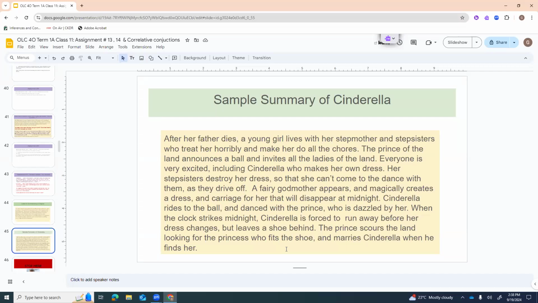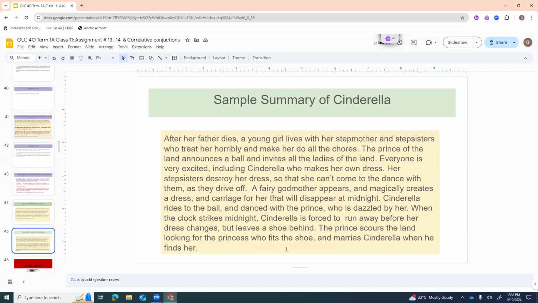So here's an example. After her father dies, a young girl lives with her stepmother and stepsisters who treat her horribly and make her do all the chores. The prince of the land announces a ball and invites all the ladies of the land. Everyone is very excited, including Cinderella, who makes her own dress. Her stepsisters destroy her dress so that she can't come to the dance with them as they drive off.